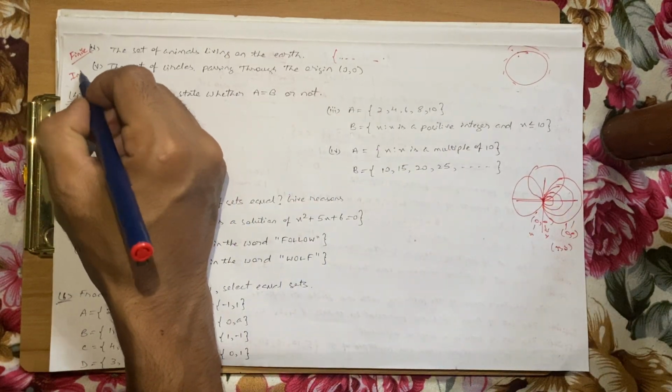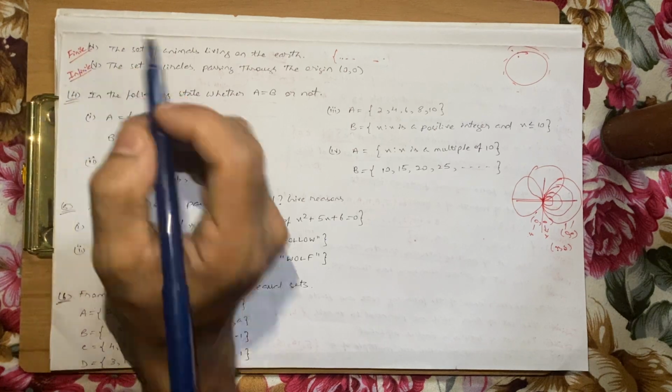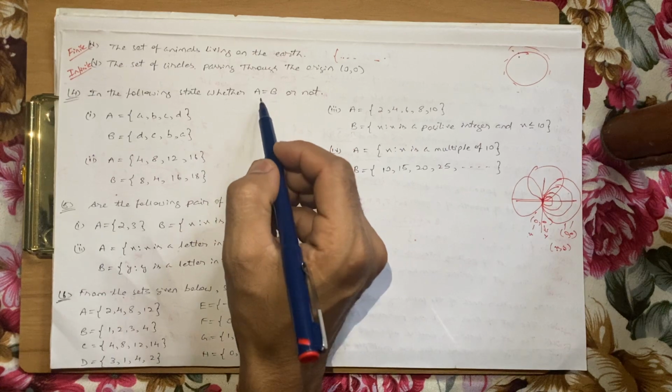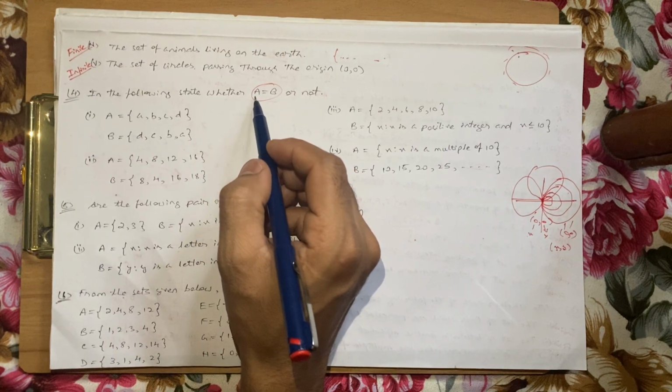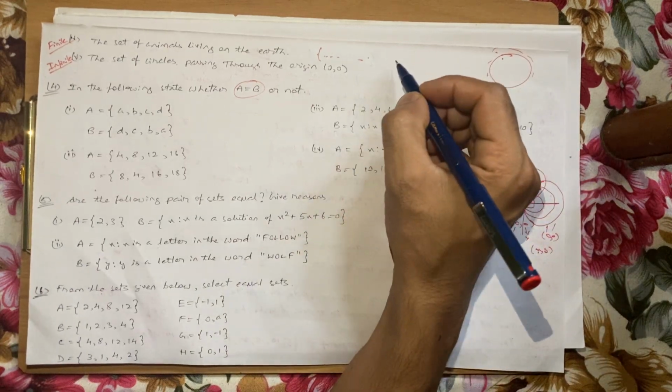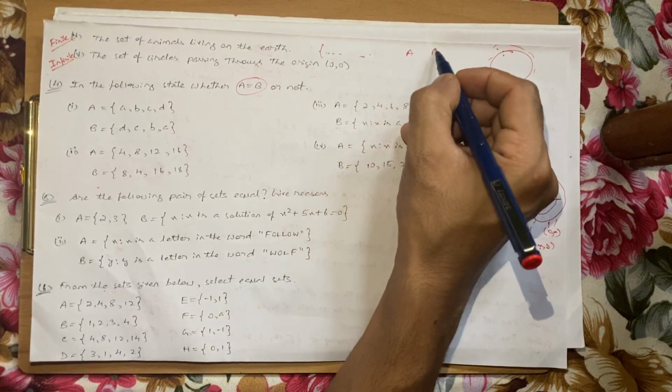So this is an infinite set. Now, in the following, state whether A is equal to B. We need to decide if set A is equal to set B or not. Let me remind all of you, let's say A and B are two sets.